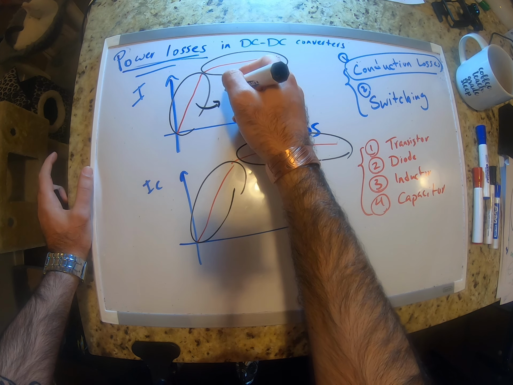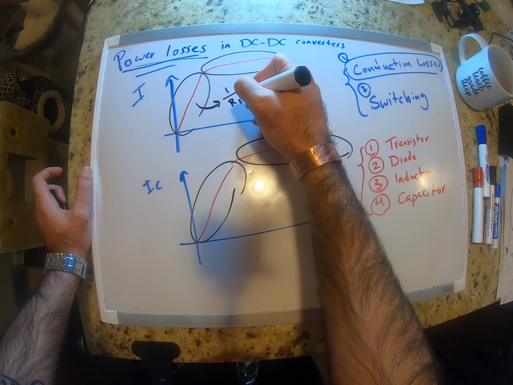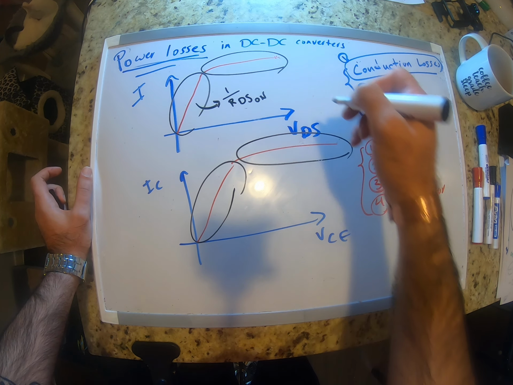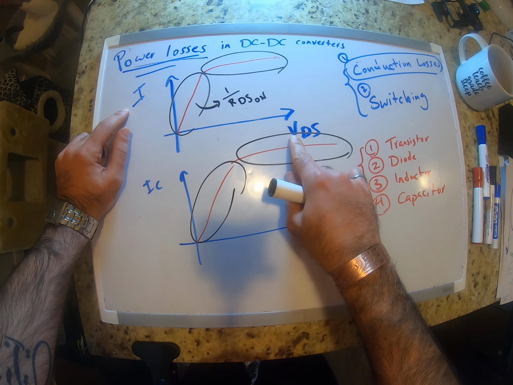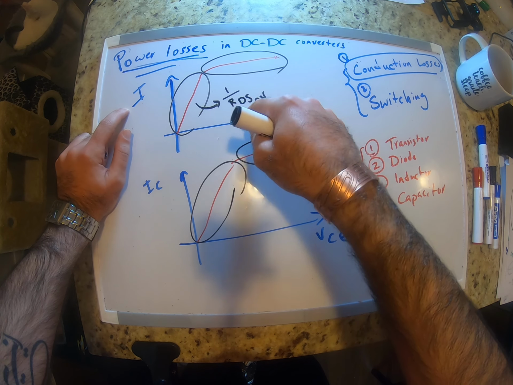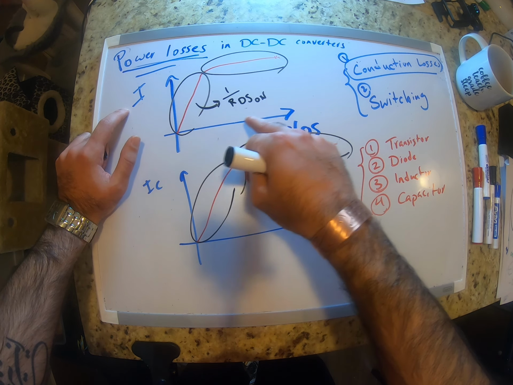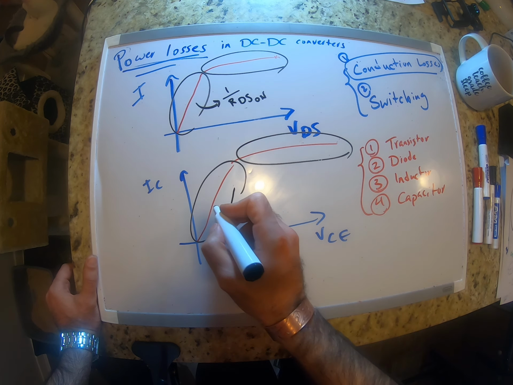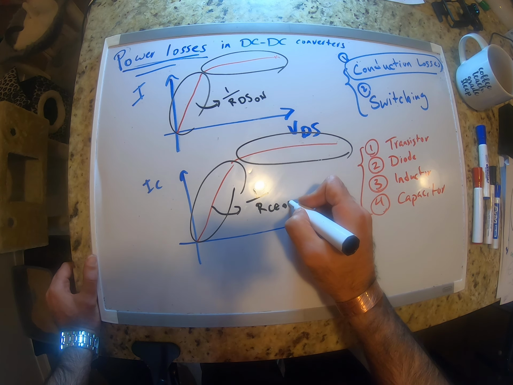The slope of it we call 1 over R_ds(on). Why is it 1 over? Because this is I with respect to V, so that's going to be the reverse of resistance. It's called conductance. The same thing here, we have 1 over R_CE(on).